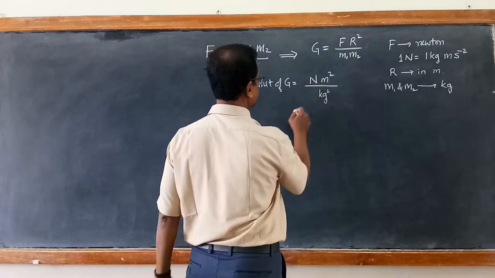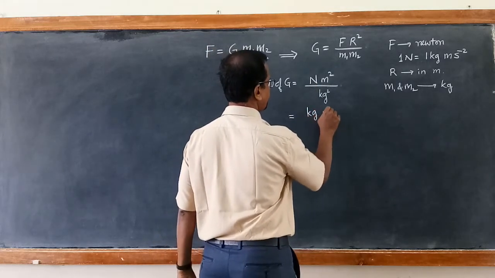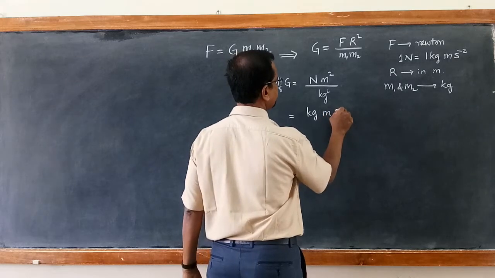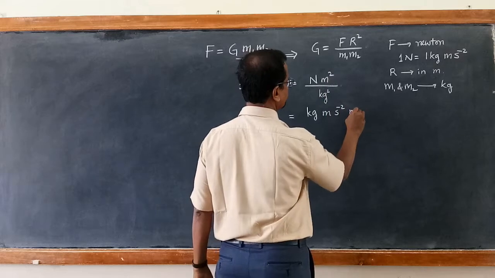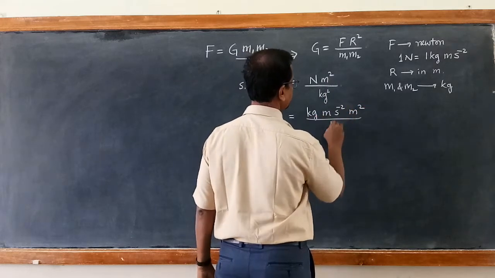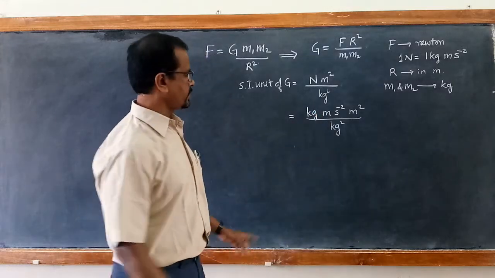So substitute the value of Newton. Newton is equal to kg meter per second square, into meter square divided by kg square in the denominator. So cancel kg.